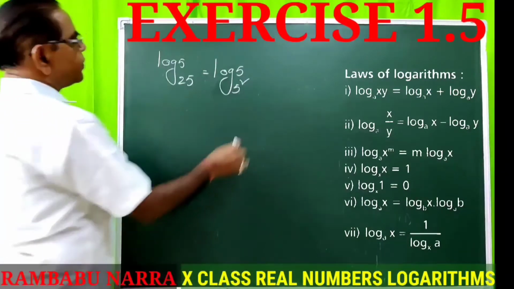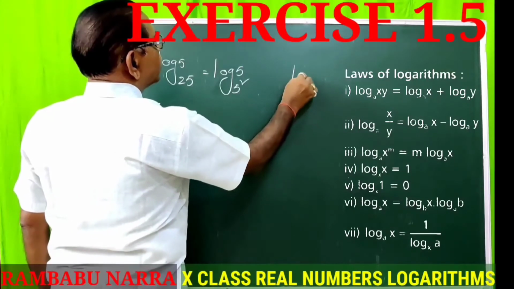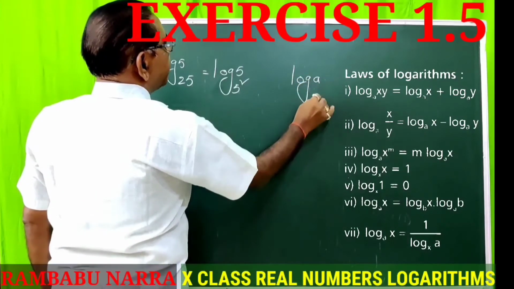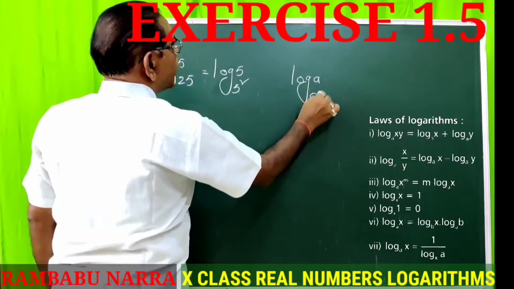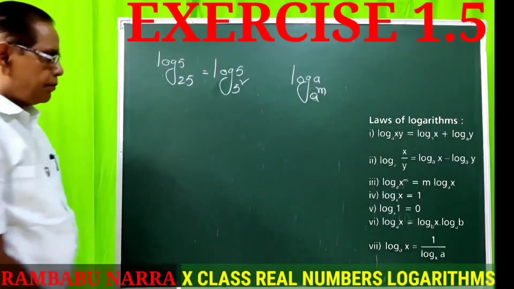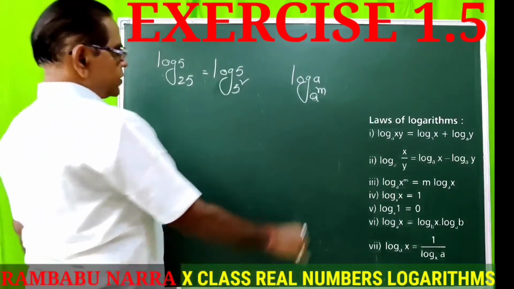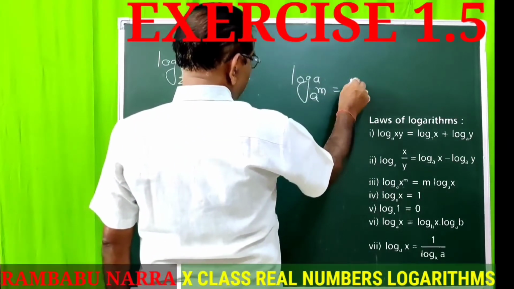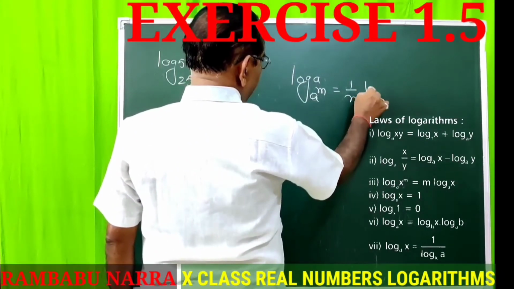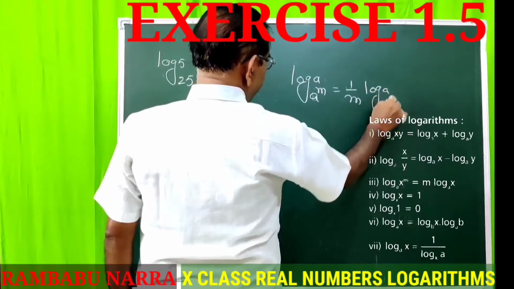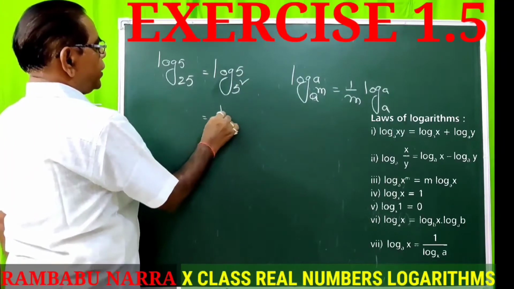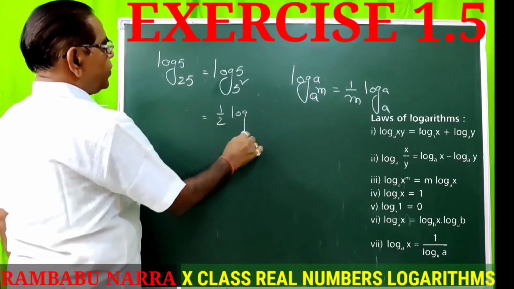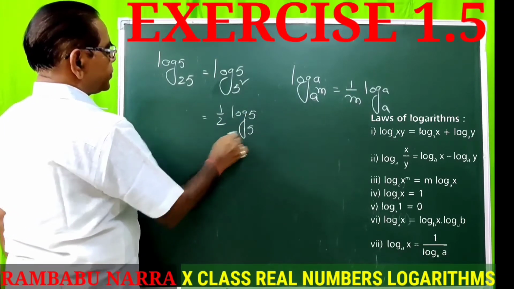We use the laws of logarithm: log a base a to the power of m equal to 1 by m log a base a. This is 1 by 2 log 5 base 5.